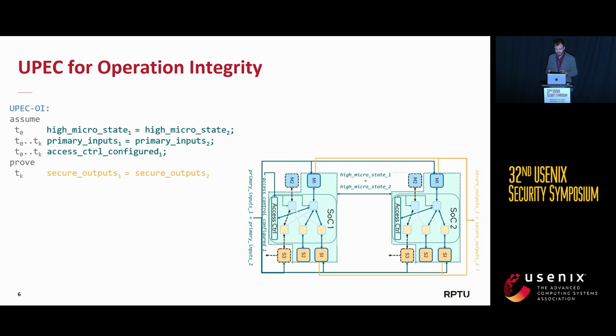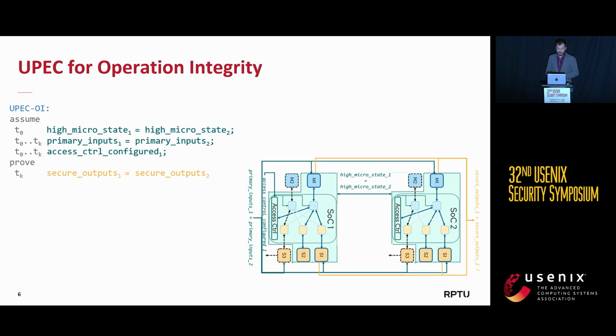We assume that at the beginning, the microarchitectural internal state of the high security domain in both instances is identical. It can be anything, but it's the same. We also assume that both instances are fed the same inputs throughout the whole duration of the property, which means that the only difference in the beginning is the low security domain's internal state.